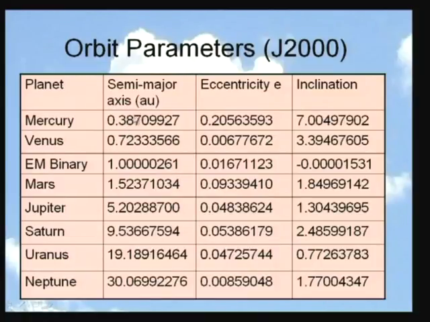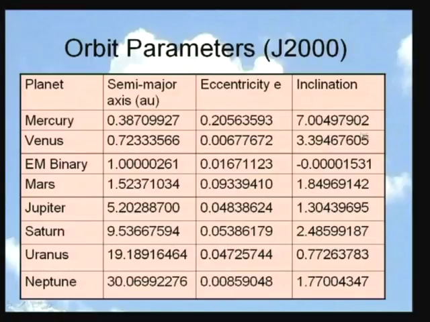Mercury is roughly 0.4 astronomical units, whereas Neptune, the furthest planet, is 30 astronomical units. The eccentricity: you can see that Mercury has an eccentricity of 0.2. All the other planets have orbits with eccentricities less than 0.1. It starts from the second decimal place.